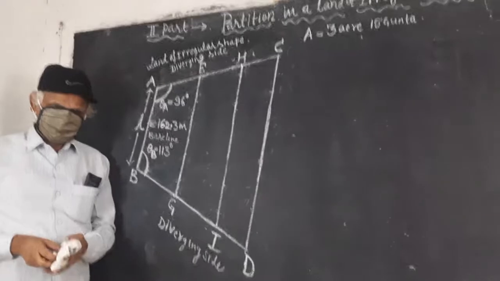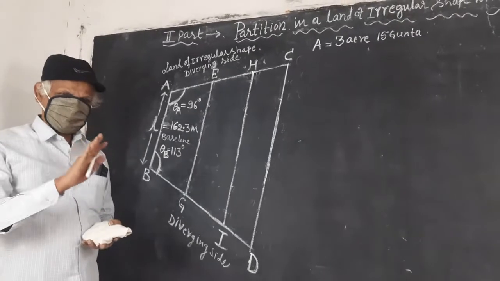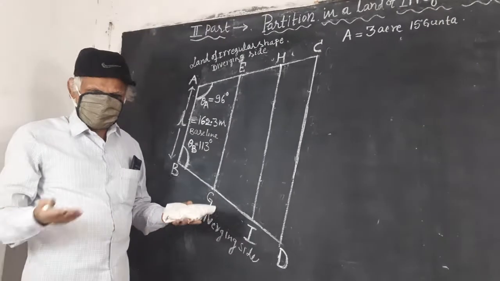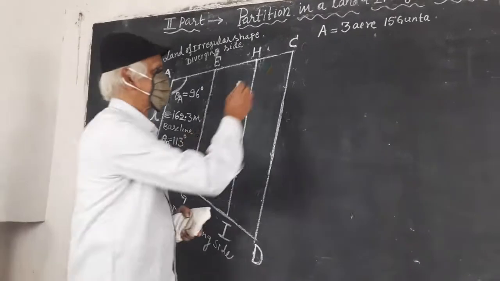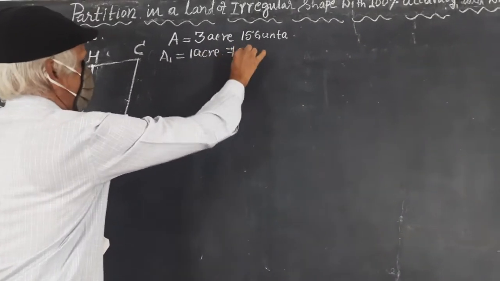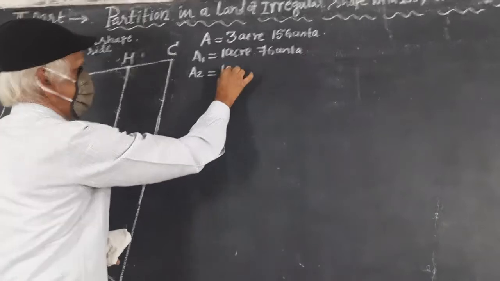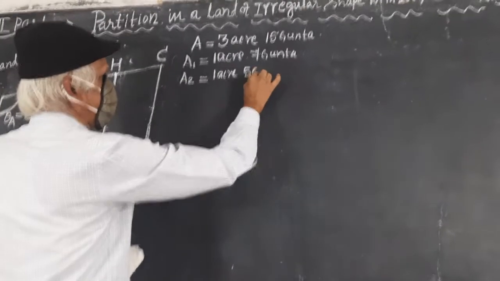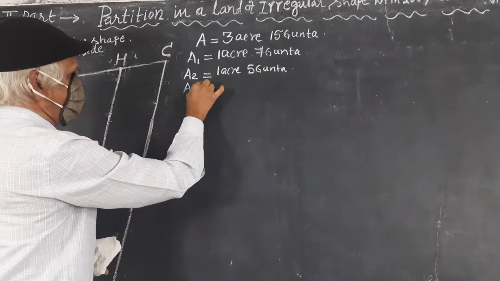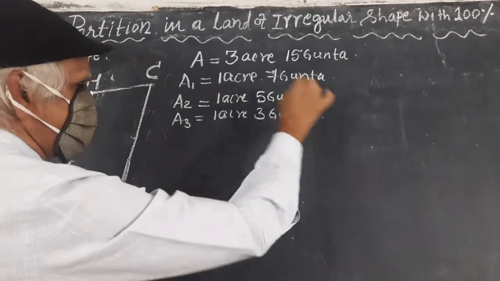Now suppose you are asked to make partition or subdivision in this land among 3 partners unequally, such as 1 acre 7 gunta for first partner and 1 acre 5 gunta for second partner and 1 acre 3 gunta for third partner.